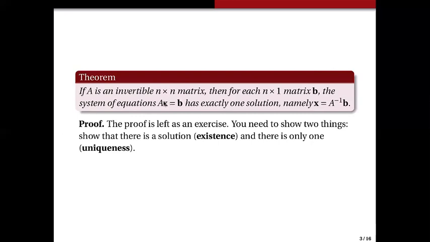Meaning, if you got quote unquote two solutions, then the solutions that you obtain, they are actually exactly the same. Okay? So this theorem has two parts: existence and then uniqueness. That's what you need to show for this theorem. Okay?